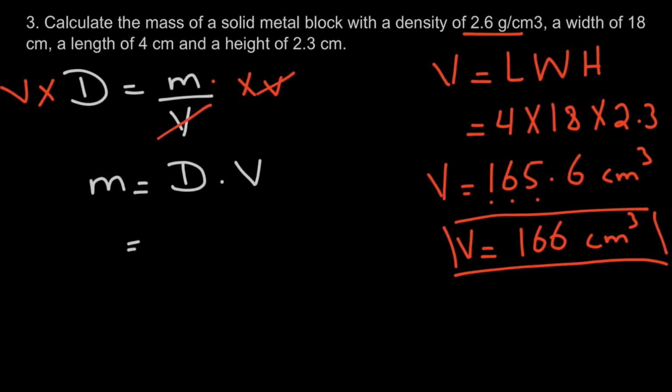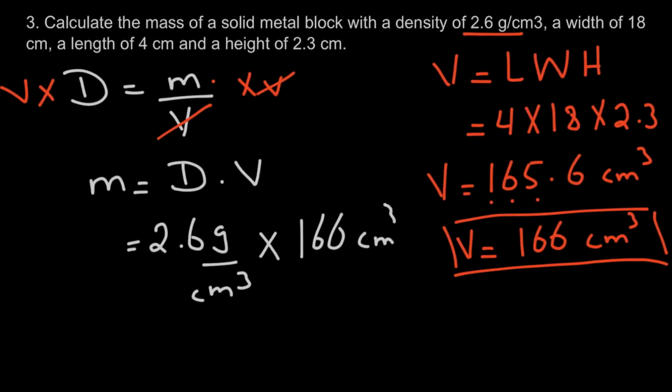So density is 2.6 grams per centimeter cubed times the volume, which is 166 centimeters cubed. Centimeters cancel out, so the answer would be 2.6 multiplied by 166.